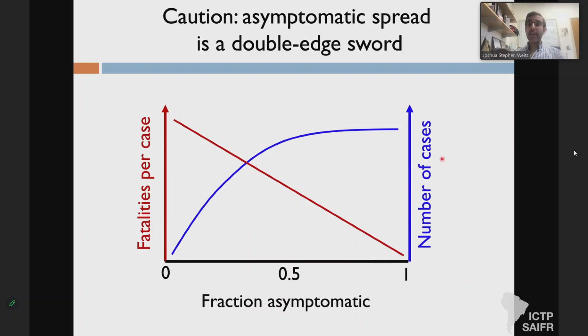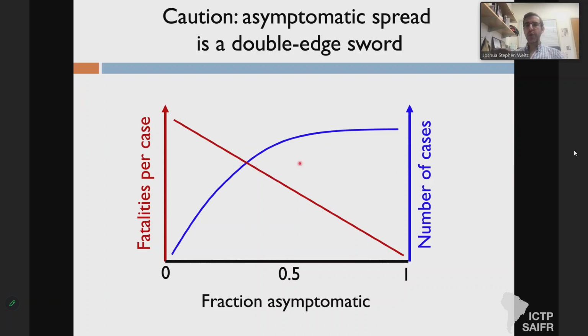However, the number of cases has the opposite relationship. When everyone is symptomatic, now to answer your question, I'm going to assume that symptomatic individuals recognize their symptoms and reduce their interactions, leading to fewer cases, fewer infections. Whereas if everyone is asymptomatic, they go about as normal, don't change behavior, you would have more infections and therefore more cases.